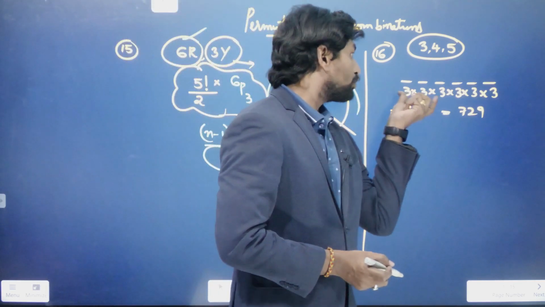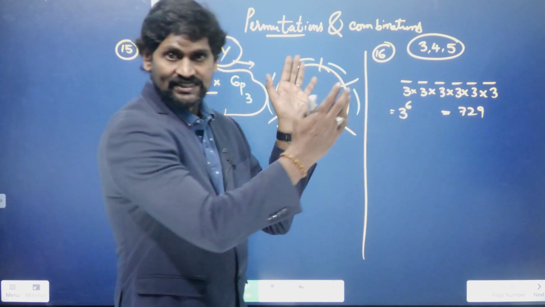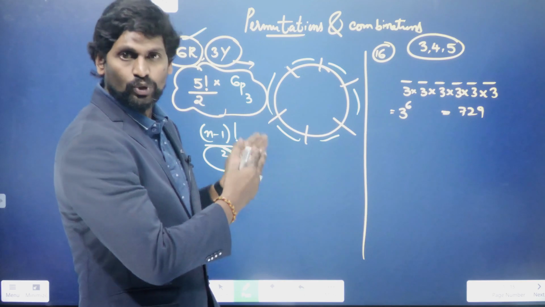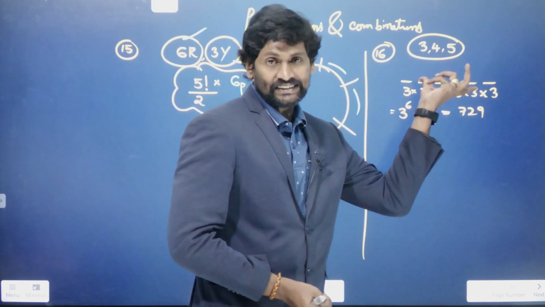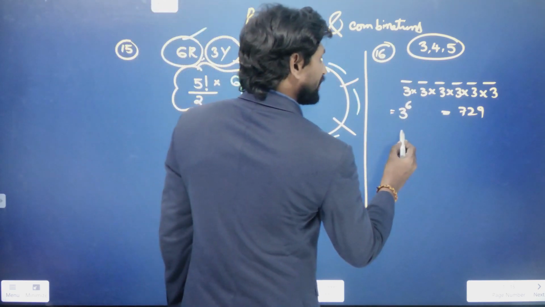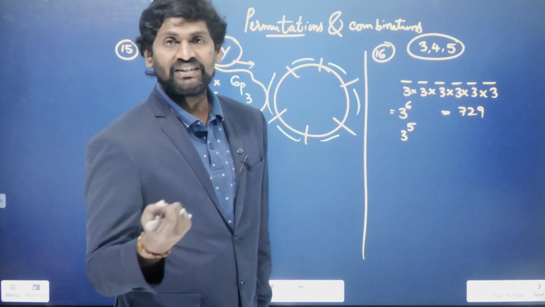Here it is asking for not more than 6 digits. That means we can take 6 digits, 5 digits, 4 digits, 3 digits, 2 digits, 1 digit number also. So we took the 6-digit number. Now let us go to the 5-digit number. Same way, the 5-digit number can be occupied by 3 into 3 into 3, because we are applying repetition.